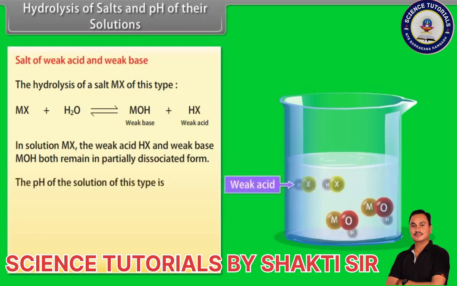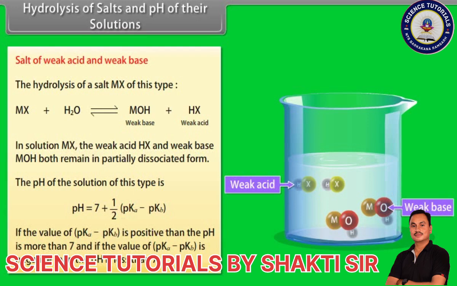The pH of a solution of this type is pH = 7 + 1/2 (pKa - pKb). If the value of pKa - pKb is positive, then the pH is more than 7, and if the value of pKa - pKb is negative, then the pH is less than 7.